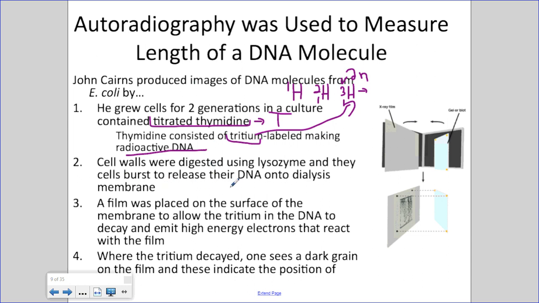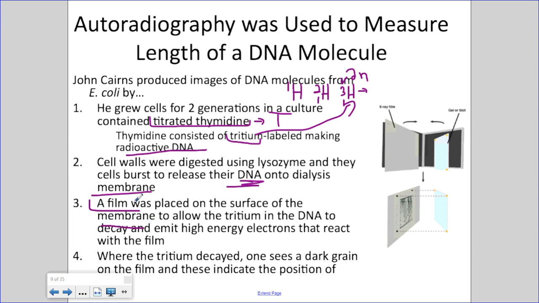After 2 generations, once these cells had some radioactive DNA, the cells were digested and burst to release their DNA onto a dialysis membrane. This radioactive DNA gives off radiation, which can be detected by placing a film on top of the membrane.